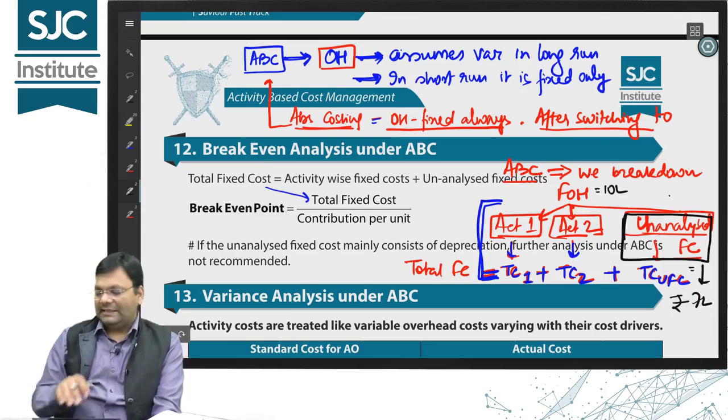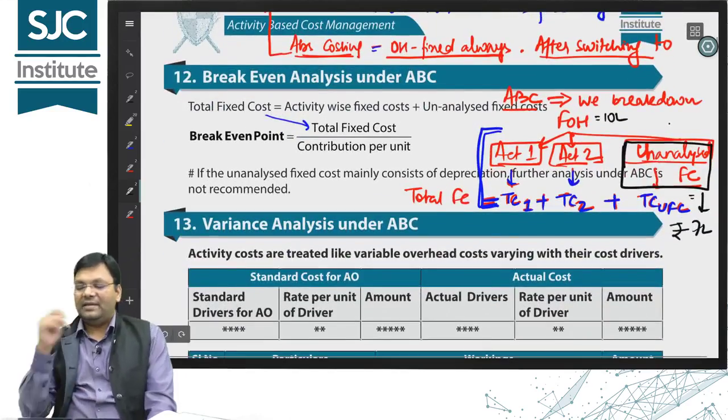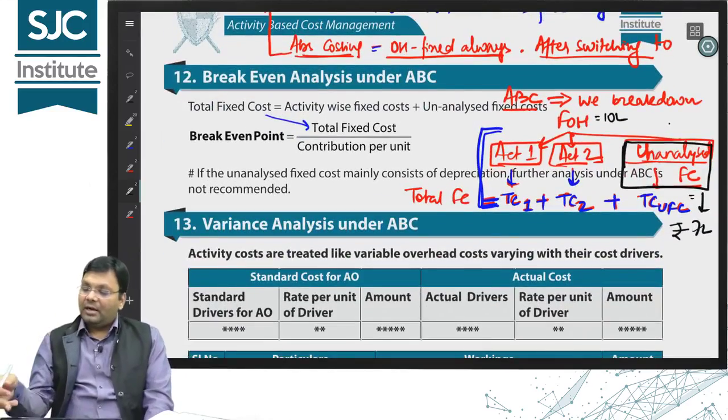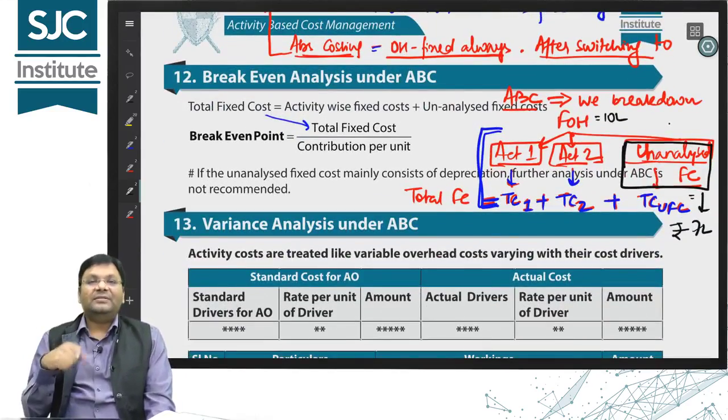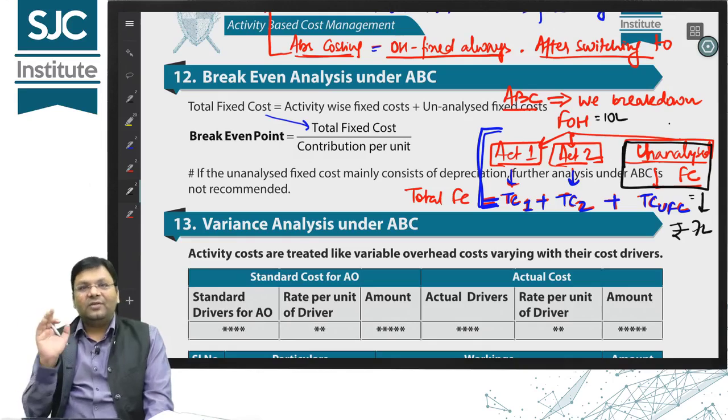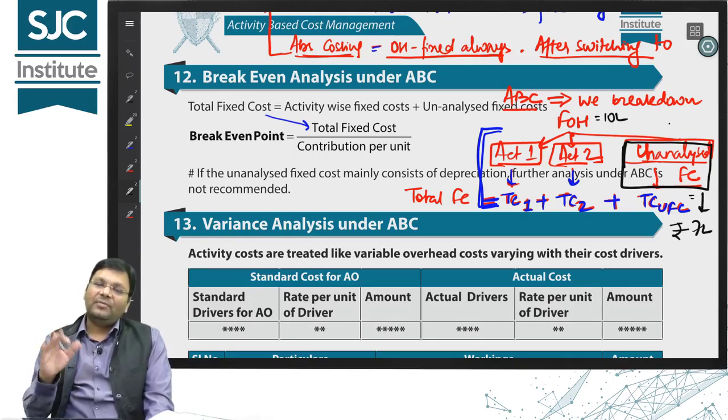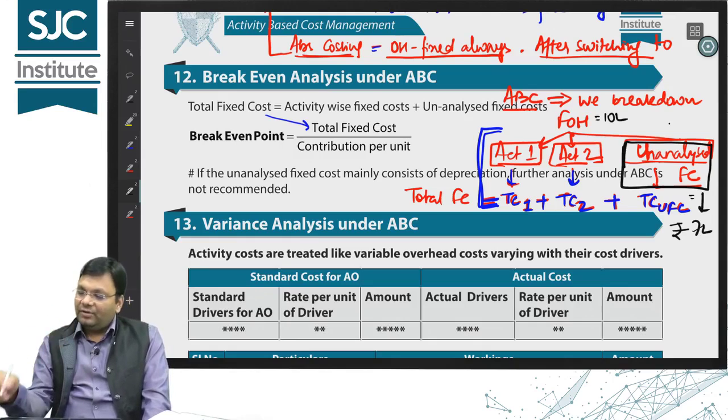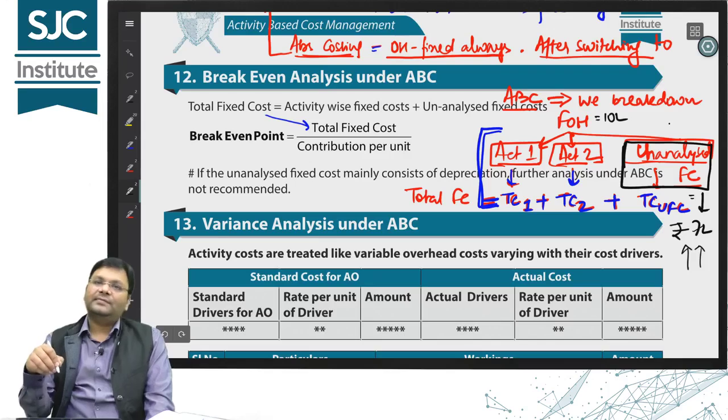And the question says that when we analyze this 7 lakhs, we found that in this 7 lakh rupees, 6,50,000 is depreciation. That is more than 90% of the amount. So the question is asking, should we go ahead and break this into activities?